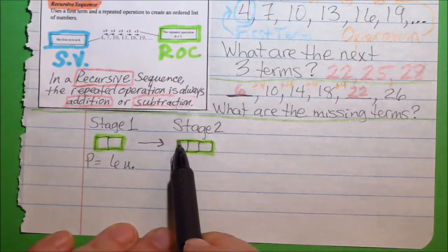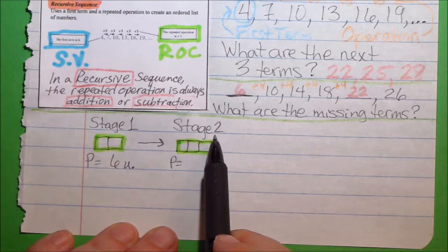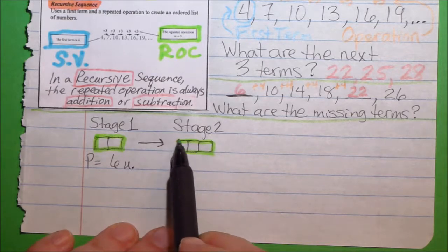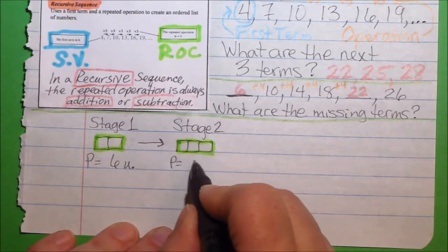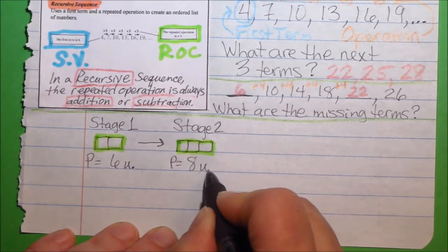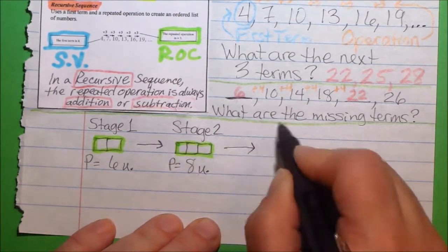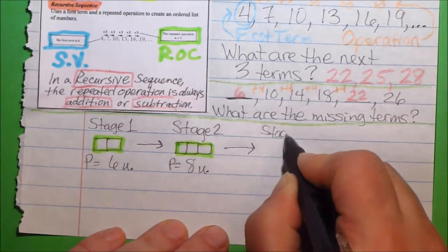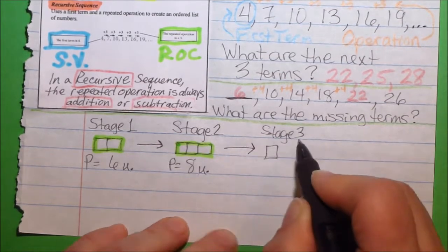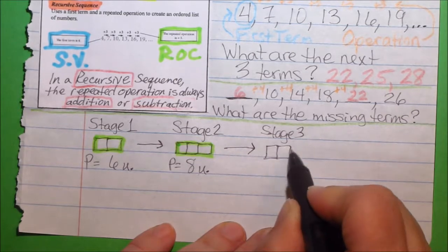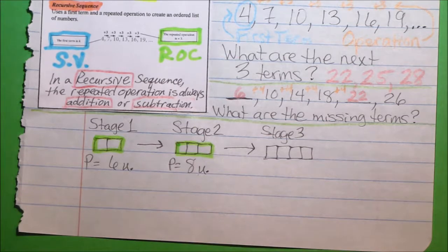A quicker way to do it is just figure out, okay, how many units are at the top, how many units are at the bottom, and then add 1 and 2 for the sides. So I see 3 plus 3 is 6, 7, 8. All right? So it's 8 units. All right? Now, if I continue this pattern to stage 3, I'm going to add another box or square, which means it now has 4 squares.